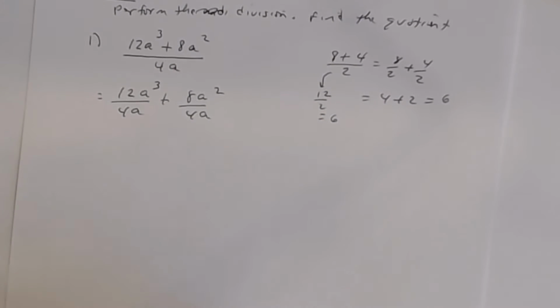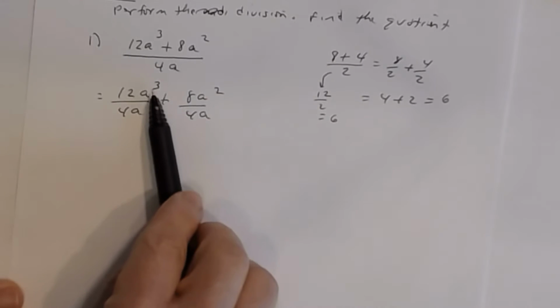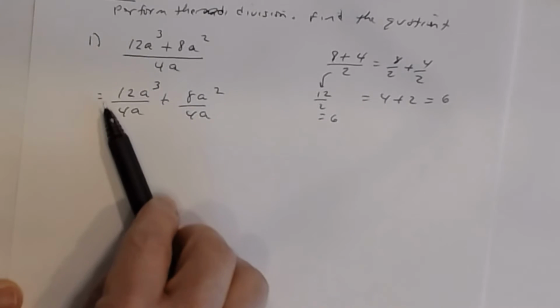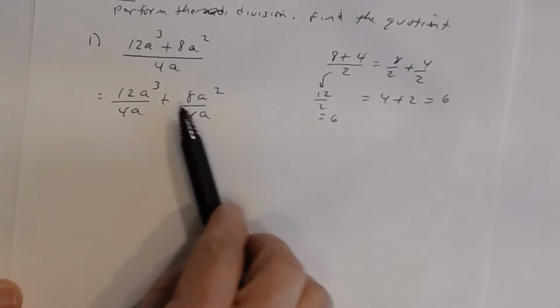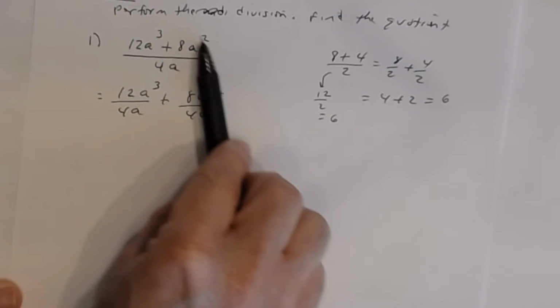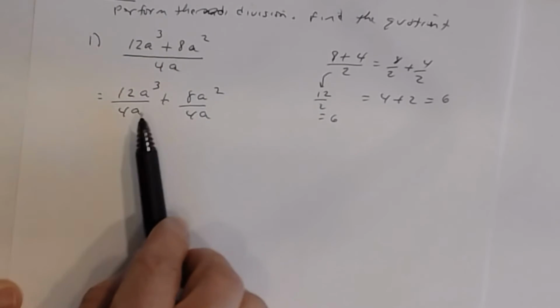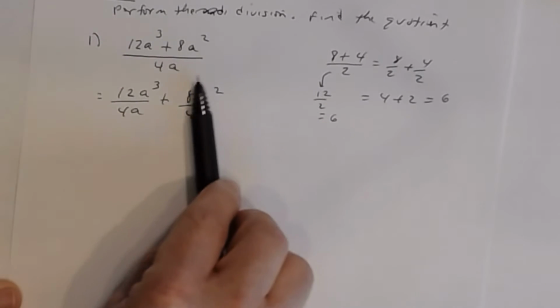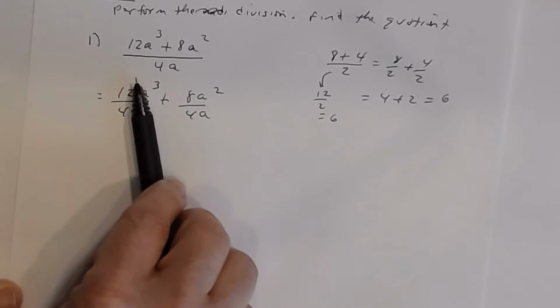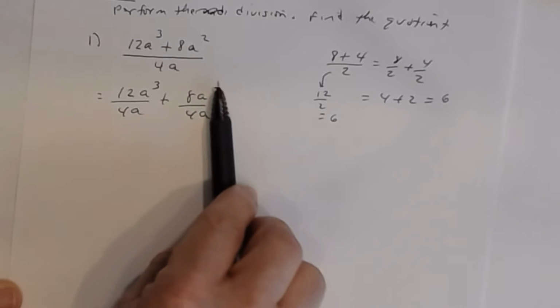Now you have to simplify each of these fractions. Notice I wrote this one fraction, a polynomial divided by a monomial, as two fractions, each a monomial divided by a monomial.